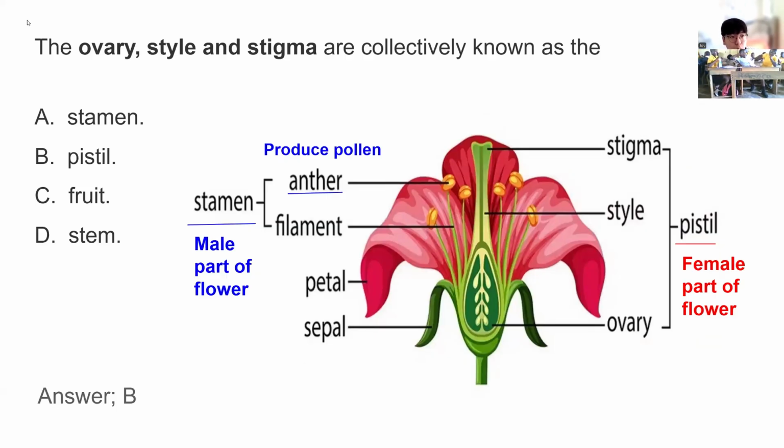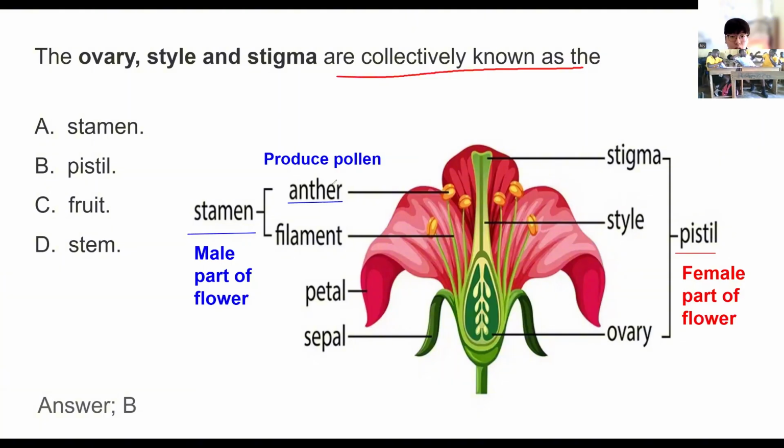But let's look at this next question. So the ovary, style, and stigma are collectively known as what in the flower, do you think?